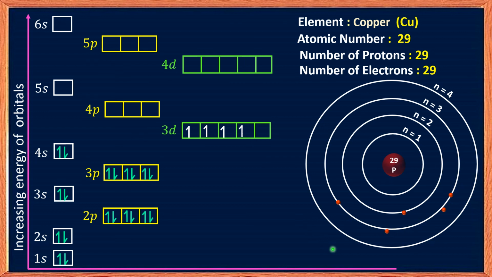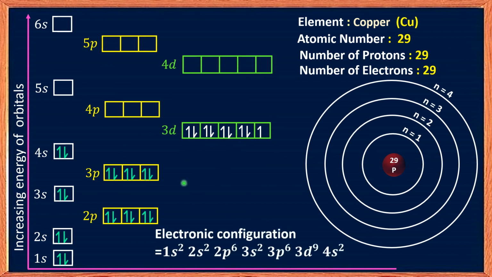Next, 26th electron, 27th electron, 28th electron and 29th electron. So in this way, if you write the electronic configuration of copper, it is 3d9. See here, 1s2, 2s2, 2p6, 3s2, 3p6, 3d9, 4s2.